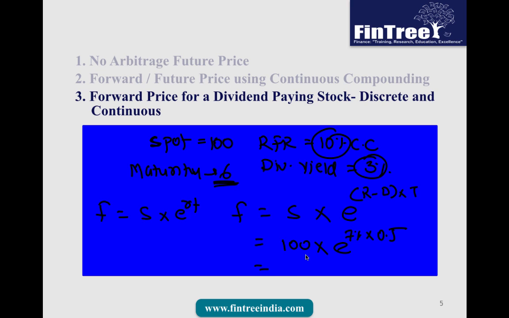Using the financial calculator, 7% into 0.5, then e raised to x, multiplied with 100, gives the value of 103.56, which is the no arbitrage forward price using continuous compounding along with the continuous dividend yield.